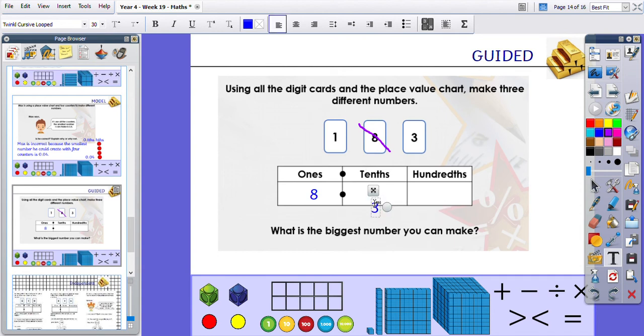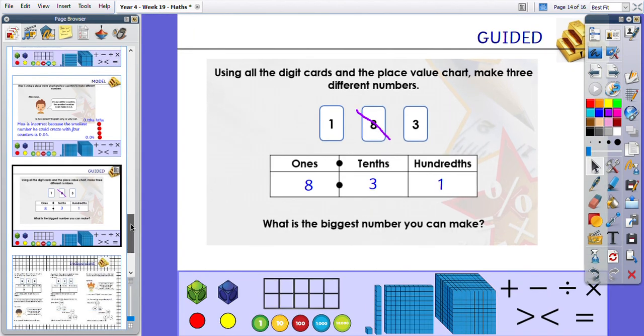It is 3. So our 3 should be in our tenths column, which leaves our 1 for our hundredths column. Okay, so let's check. We know that our ones has the biggest value as the column because ones are 10 times bigger than tenths, which are 10 times bigger than hundredths. So we know we want our biggest digit in our ones to create the biggest number overall. So we've got 8.31, and that is the biggest number we can make.